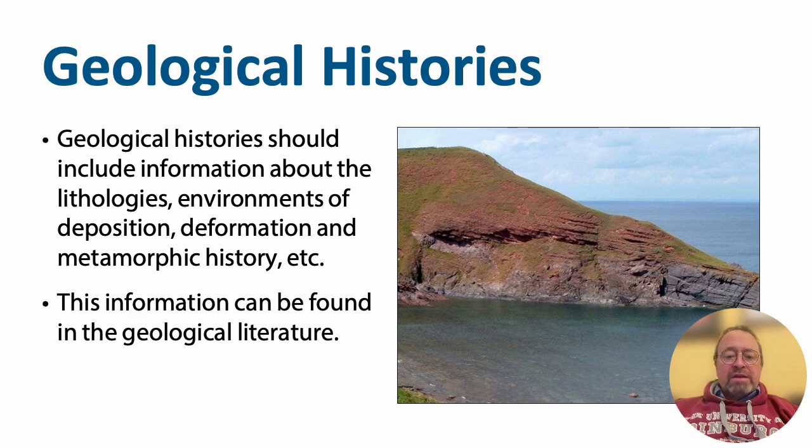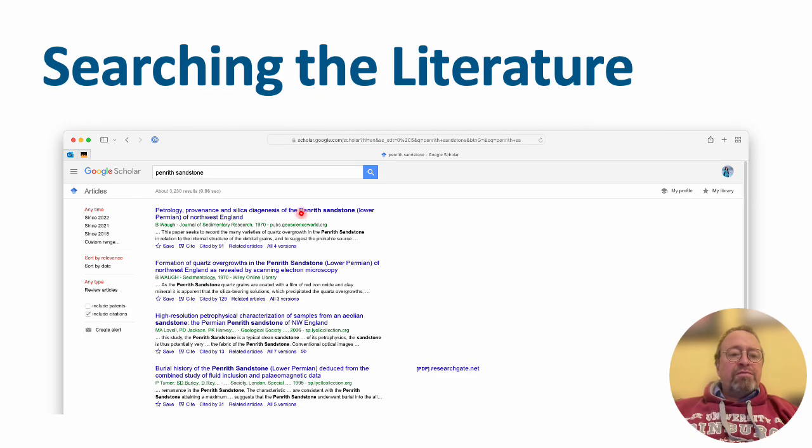And you can look for that in online databases. GeoRef is a pretty good one. Of course, a lot of people search these days on Google Scholar. It's quite easy to type something in and find links to papers, which, at least on campus, you should be able to have access to.